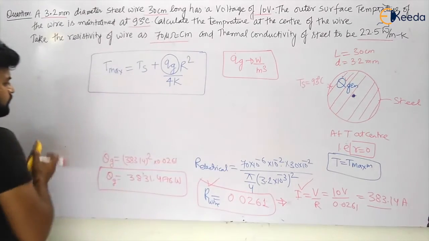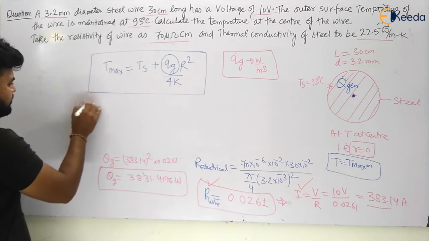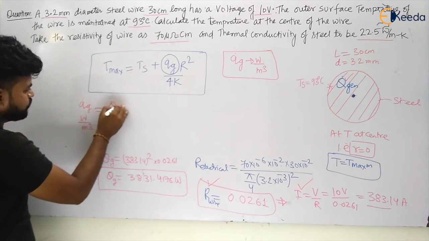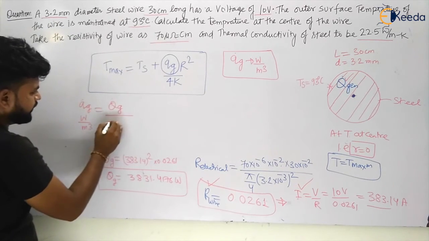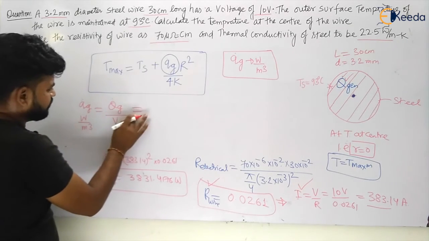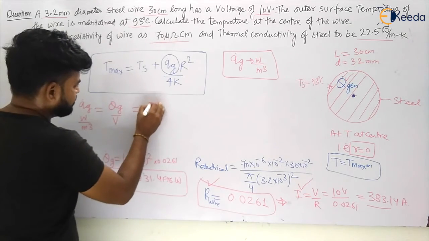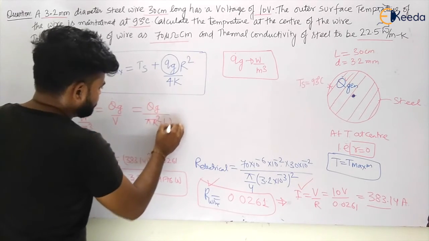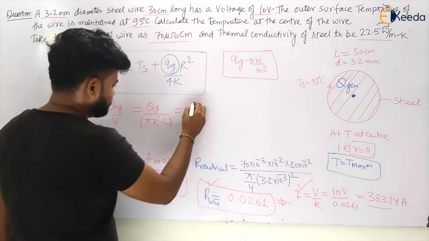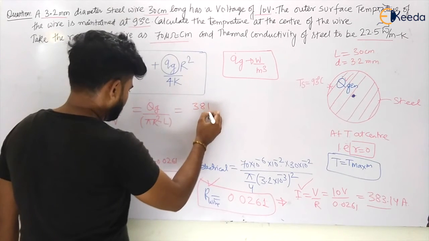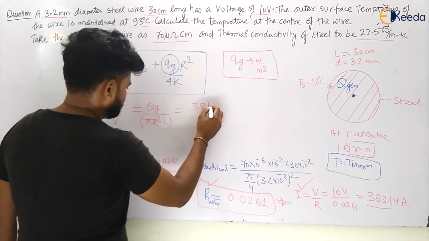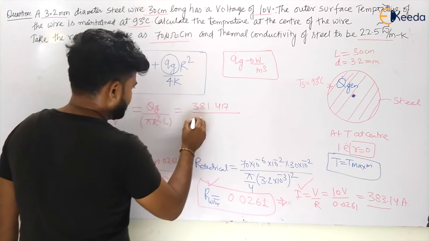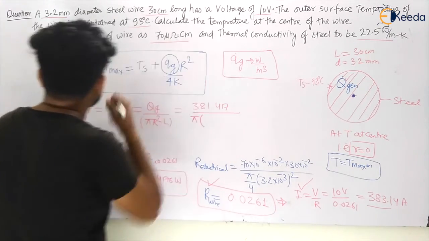So now a small QG, that is your watt per meter cube, will be given by what? Q generated, total heat generated, divided by the volume V for the wire. So the volume of the wire will be given by pi R square into L. So this will be given by QG, which is 381.417 divided by pi into R square. So what will be R?